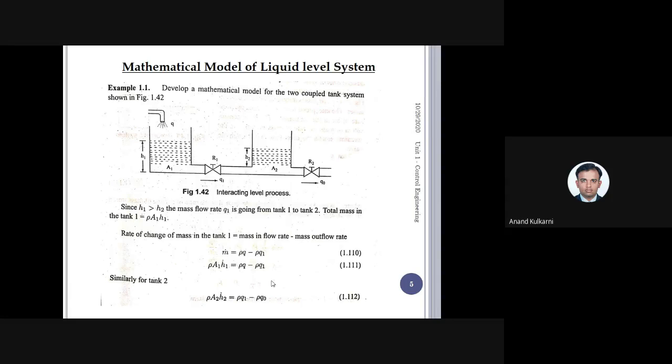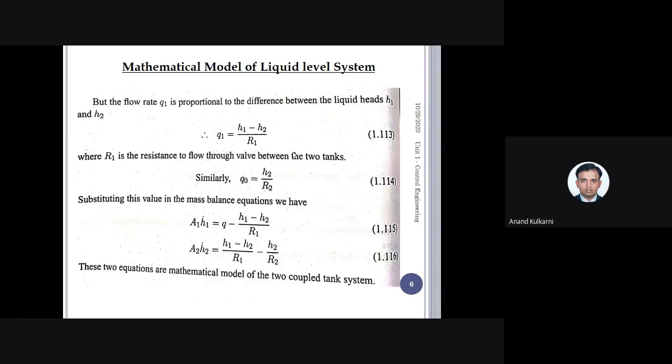Here the mass change in tank 1 is equal to rho constant into (q minus q1). Similarly, the mass change in tank 2 is equal to rho constant into (q1 minus q0). We know that q1 is equal to (h1 minus h2) divided by r1, and q0 is equal to h2 divided by r2.